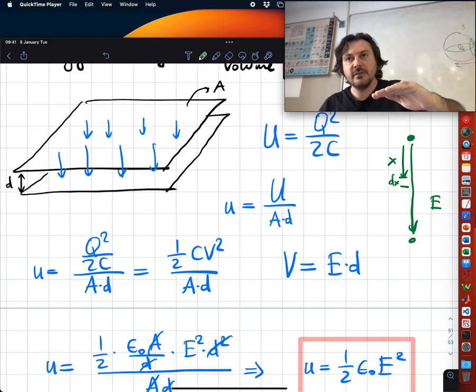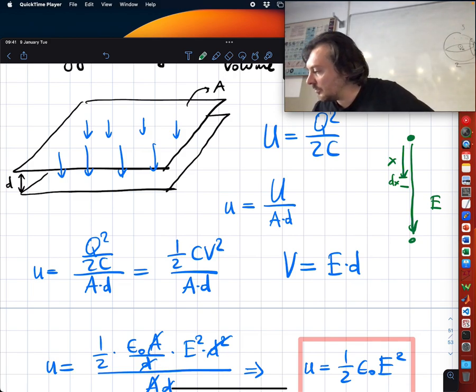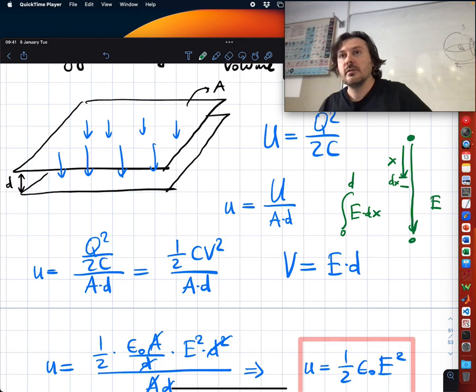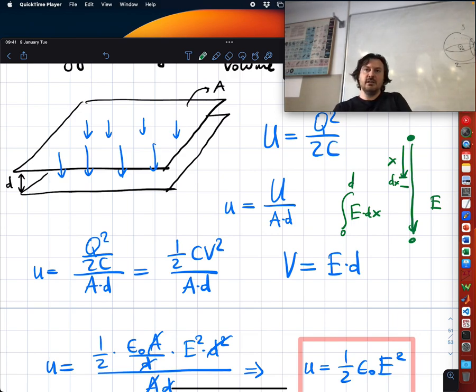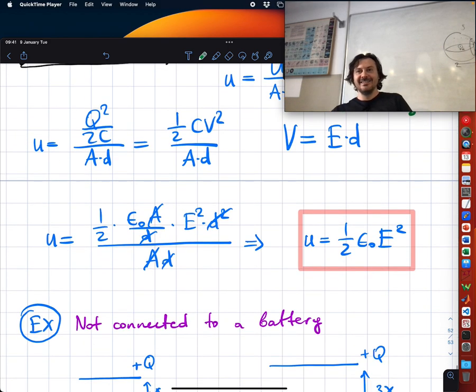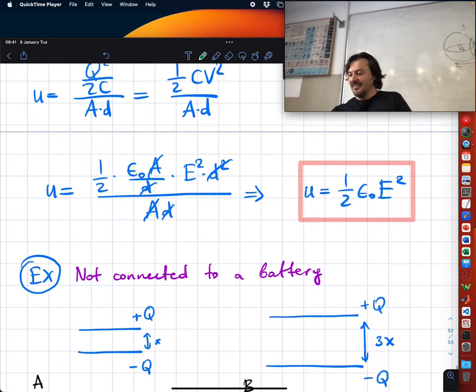Yes, it is changing, but your formula is practically E times dx integral from 0 to d. It's just the integral of 1, of a constant, if it gives you any peace with the integrals. Good.